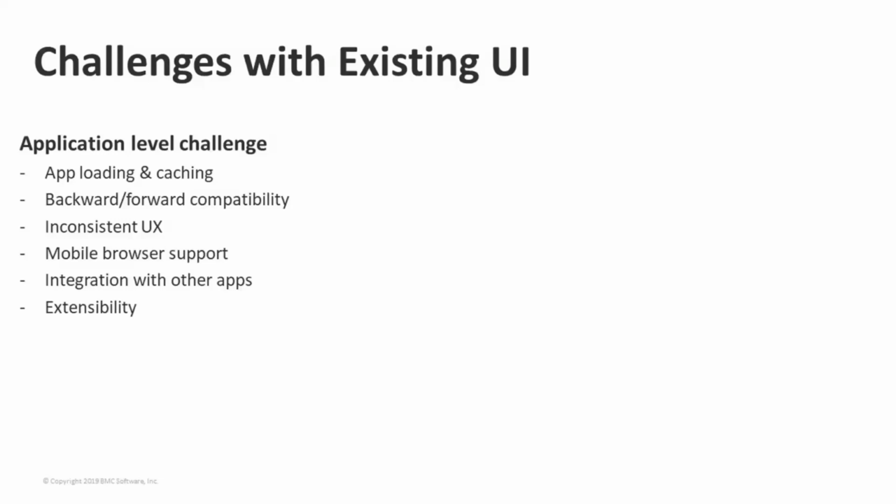And the other one is backward and forward compatibility of the application. You deploy a specific version of the app, and then you either update or upgrade your backend, or you update the application to the latest version, and then the compatibility is broken. So in such a case, you always have to make sure that you update both your client and server at the same time.